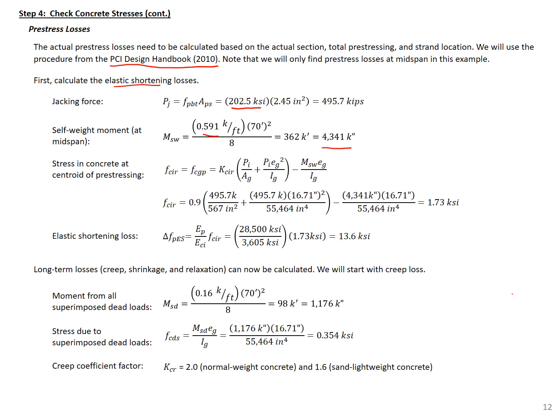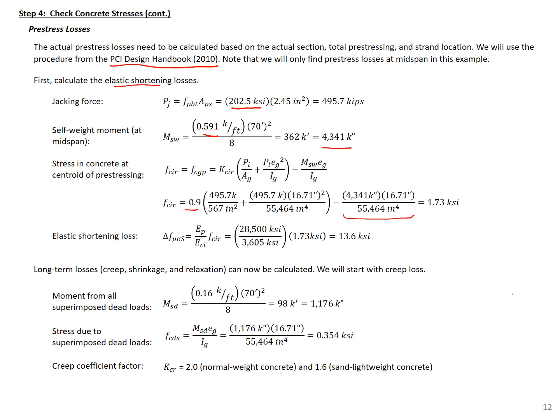We can then plug these values into our equation from the PCI handbook. So we have 0.9, which is for pre-tension members, times our P over A plus PE squared over I, and then take out our self-weight stresses.